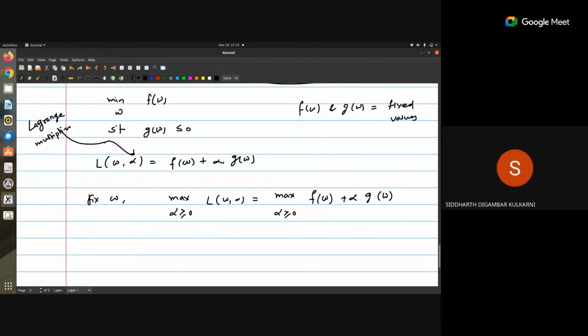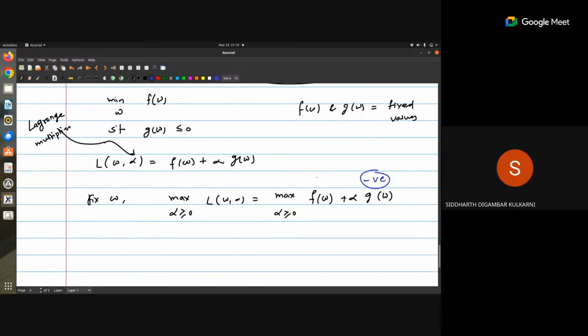No, sir, if we have kept w as constant. Let me select some w. Constant can be positive, constant can be negative, whatever the value will be, but that will define it. Let's say your g of w is negative. What will happen? What will be the maximum quantity for this function f of w?